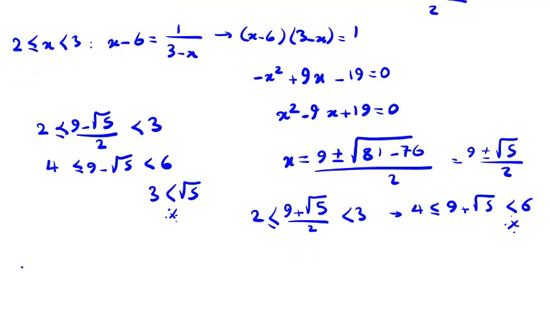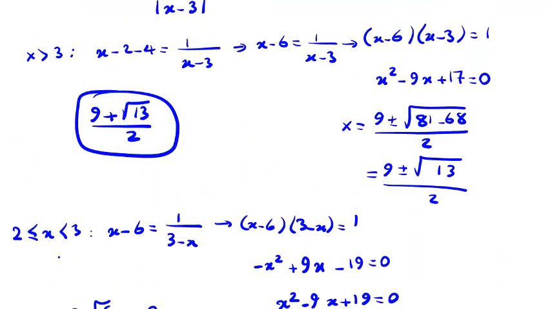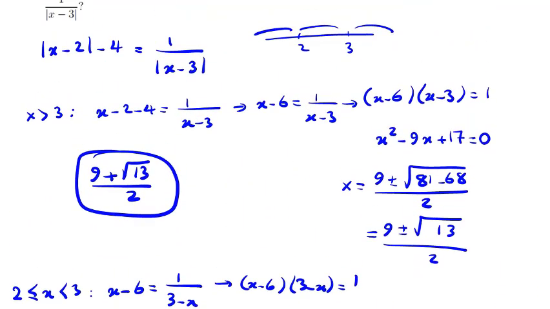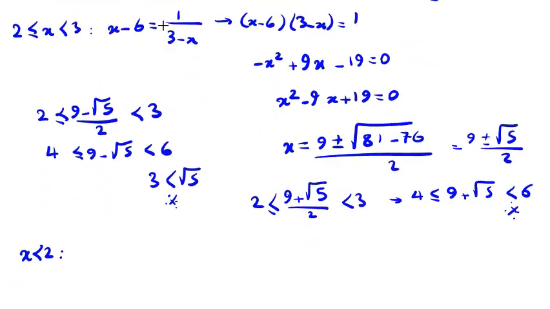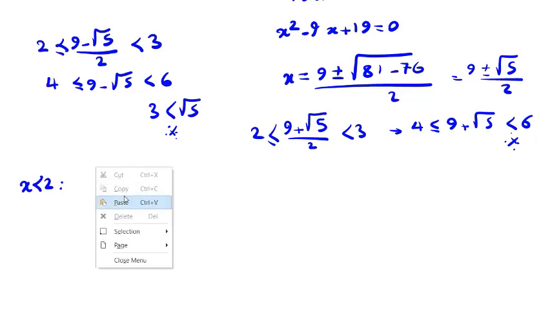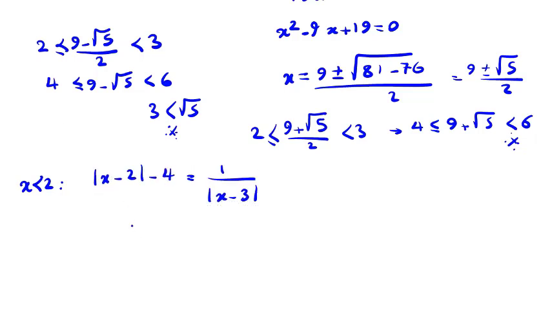Now let's consider the last case. x is less than 2, and if we use that here, it will be 2 minus x minus 4 equals 1 over 3 minus x. It is what?